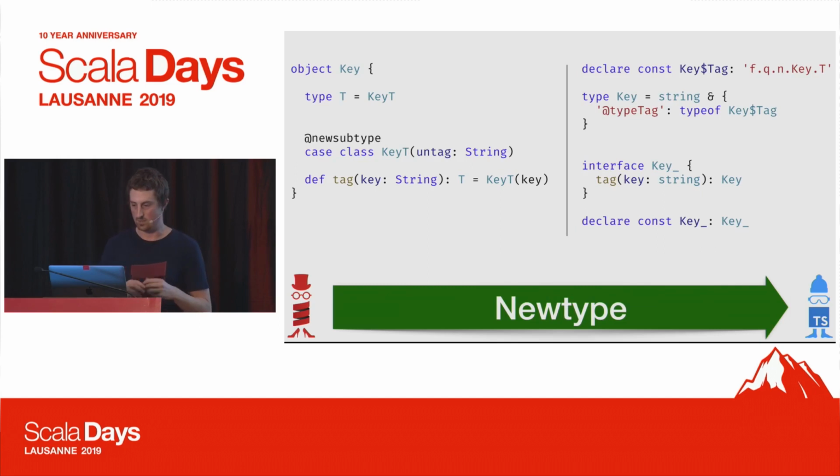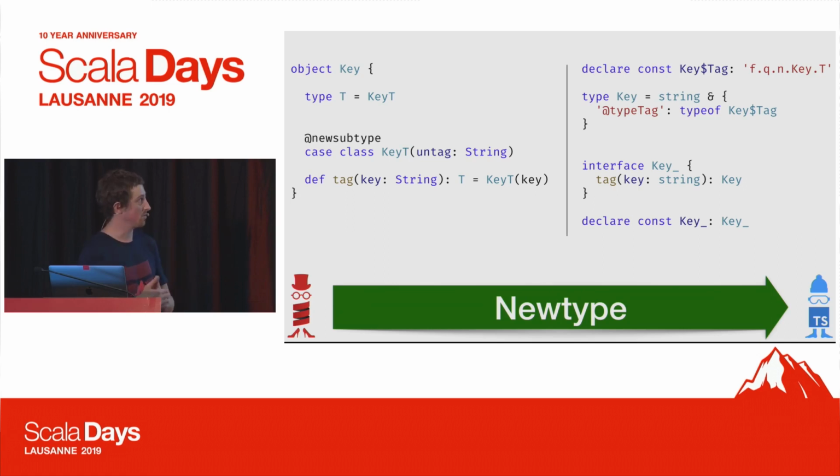Final things are largely going to be obsoleted by Scala 3. Using the Statico Scala newtype package, we can create new types on the Scala side, and they generate a tagged type on the TypeScript side. So here there's a fully qualified string literal type, which is used as a key, as a tag, and in this case, on the Scala side, we're creating a new type of string.